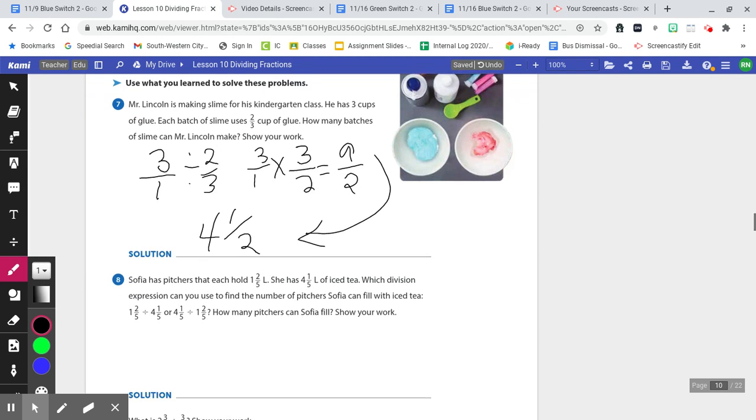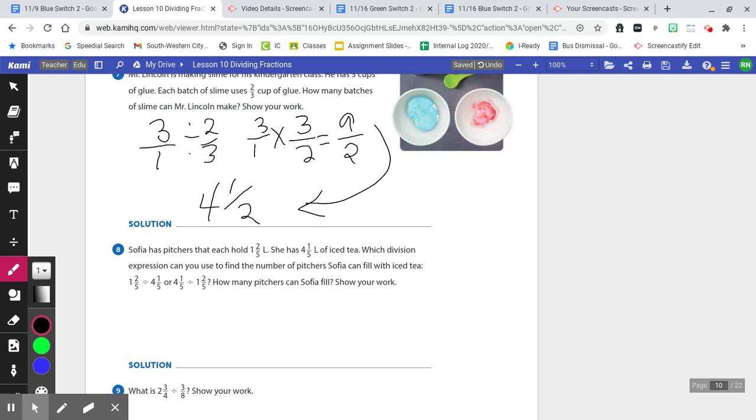Let's go ahead and look at number 8. Sophia has pitchers that each hold 1 2/5 liters. She has 4 1/5 liters of iced tea. Which division expression can you use to find the number of pitchers Sophia can fill with iced tea? Is it 1 2/5 divided by 4 1/5, or is it 4 1/5 divided by 1 2/5? Why don't you stop, circle the answer, and then come back and see if you got the right answer.